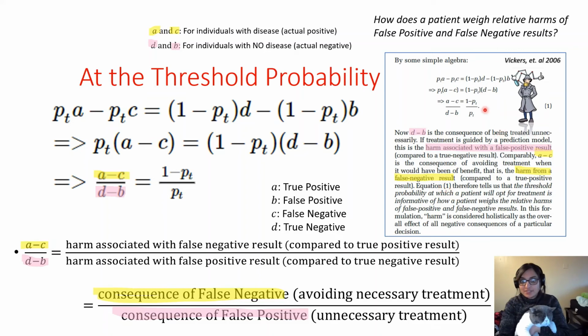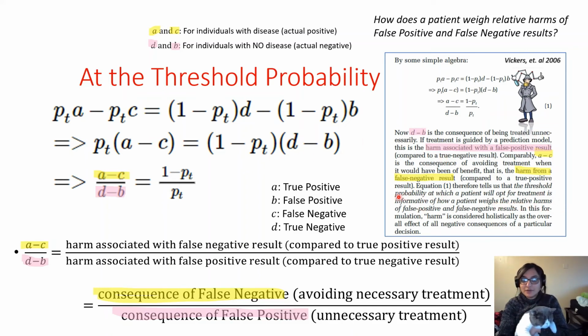So this equation 1, which is again what we have here, is talking about the threshold probability, this PT here, and how it can tell us the probability threshold at which a patient will opt for treatment. If your predicted probability is greater than or equal to this threshold, we send you for treatment.